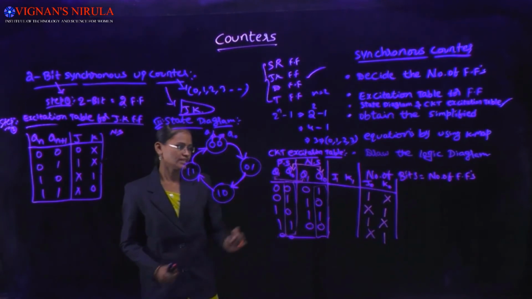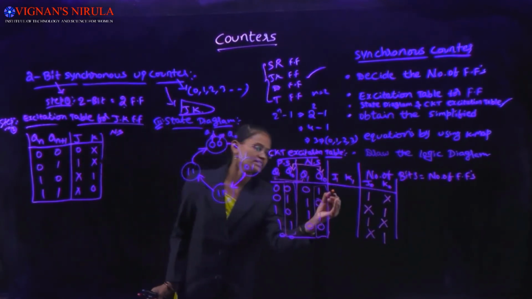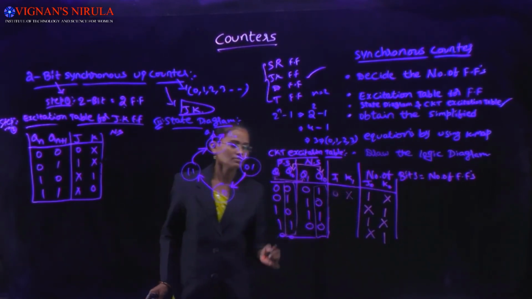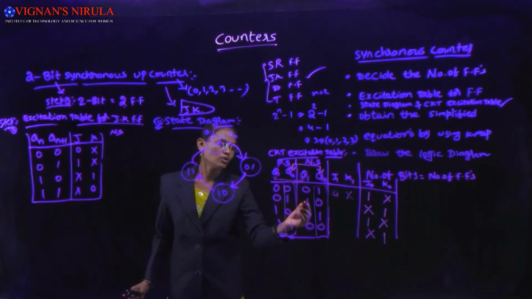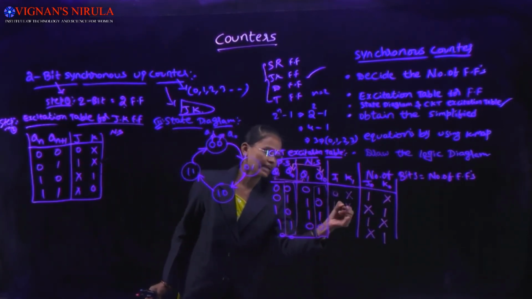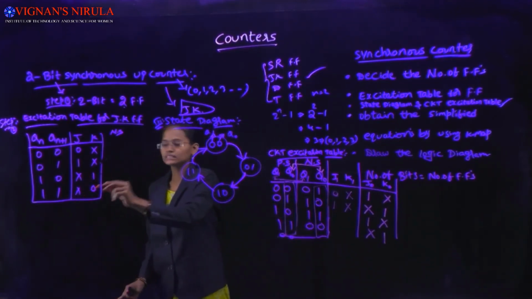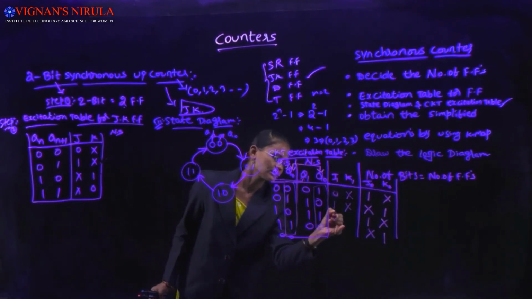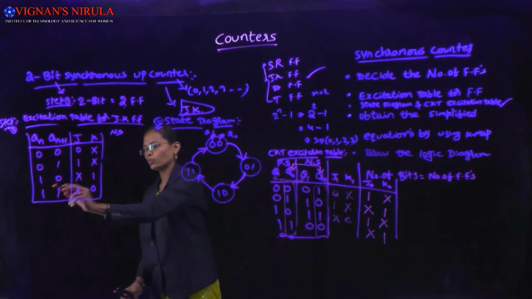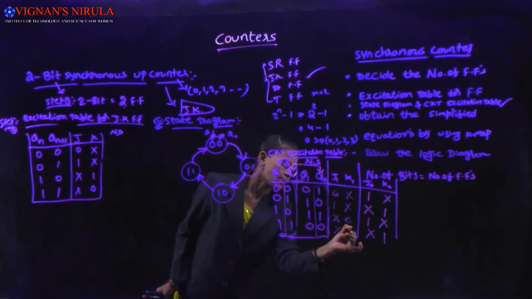In this 0 0 to 0 0, J is 0, K is X. And next 0 1 to 0 1, 1 X and 1 X. And next 1 1 to 1 1, X 0 and X 0. And next 1 0 to 1 0, X 1 and X 1.